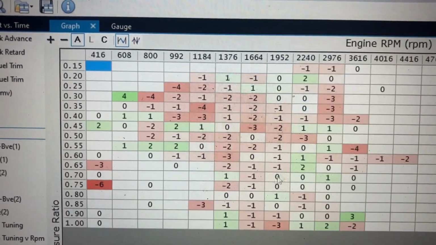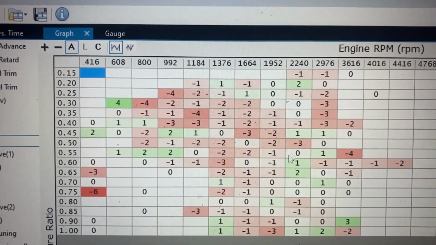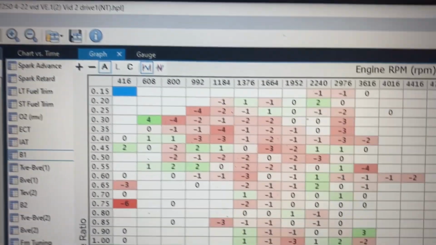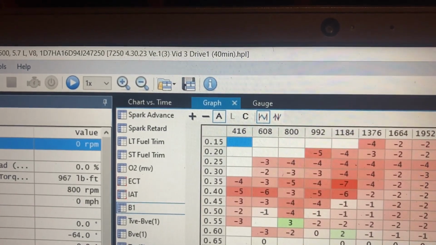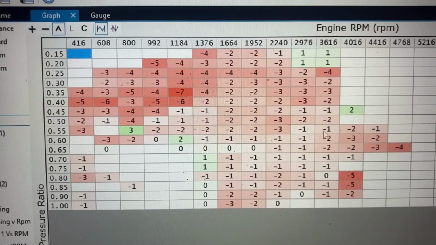You notice the numbers are a little better. They're not great, but they're better. Okay, so then we did that same function, copy and pasted, multiplied by half. The third tune, VE1 parenthesis 3.